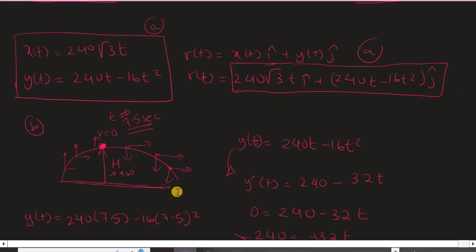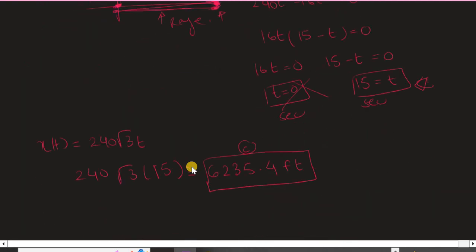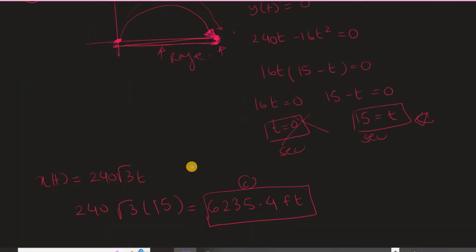So you can simply do 7.5 times 2, which gives 15 seconds as well. So this is an easier way. If we neglect air resistance, it would be just twice the time of the maximum height.